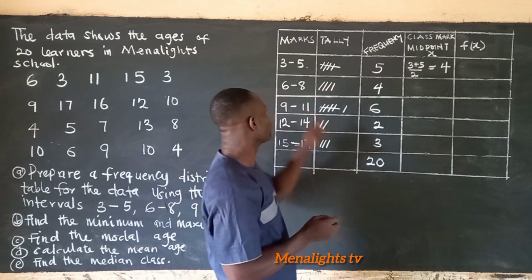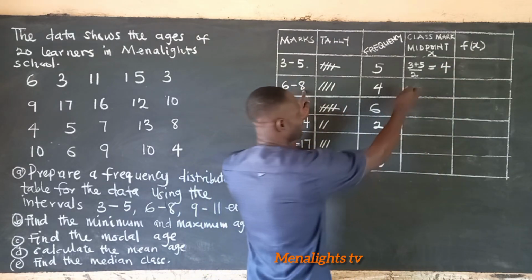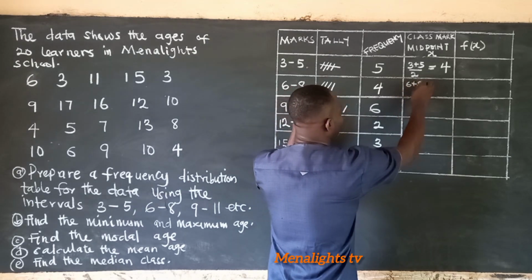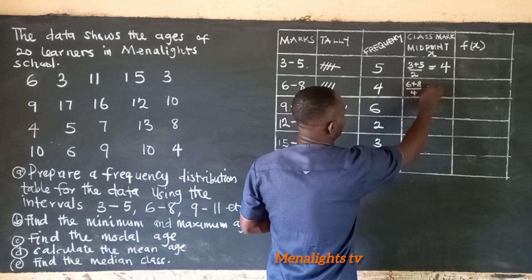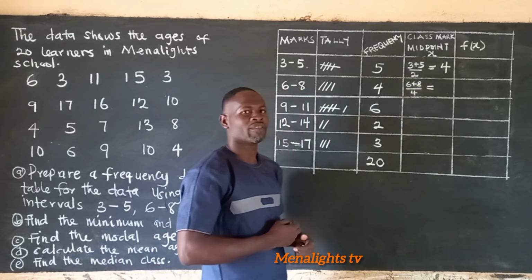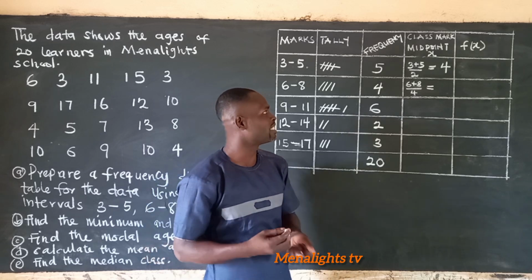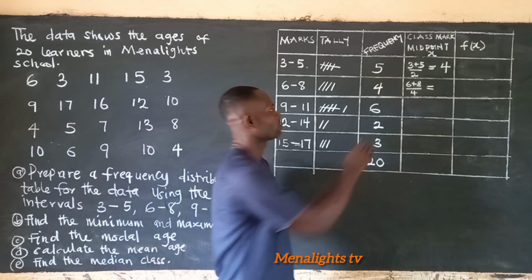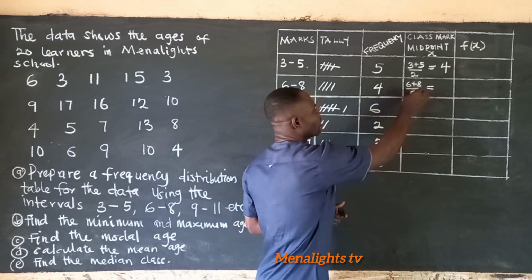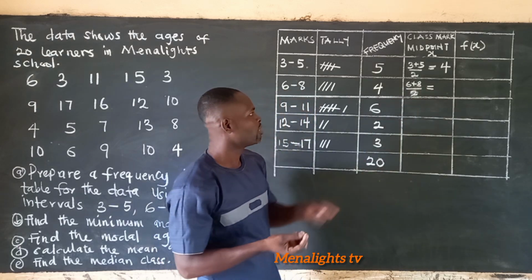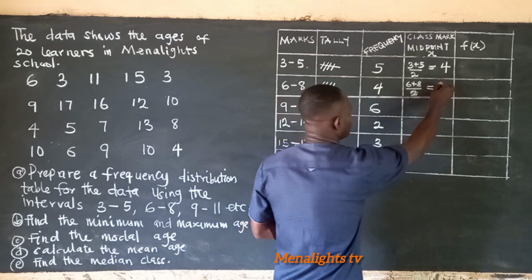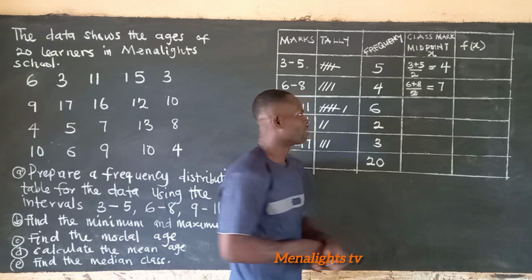Then we come to 6 and 8, so it will be 6 plus 8 divided by 2. 6 plus 8 will give us 14, and 14 divided by 2 will give us 7. So we have the 7 there.